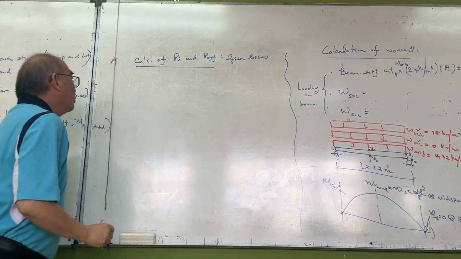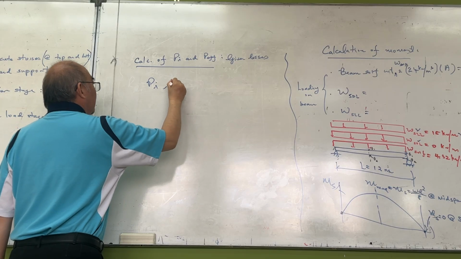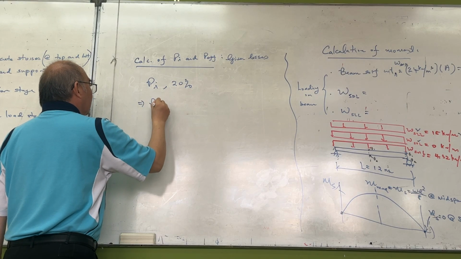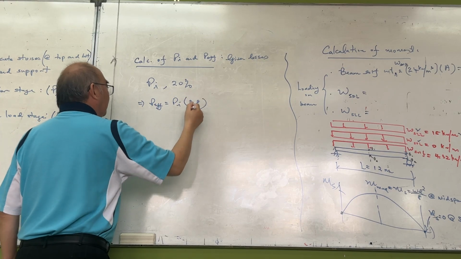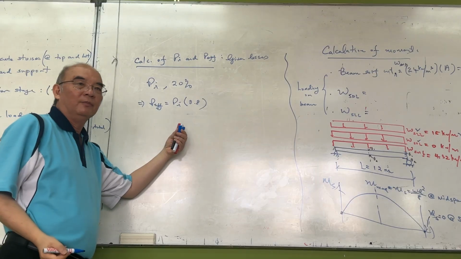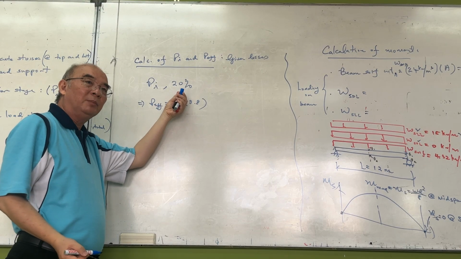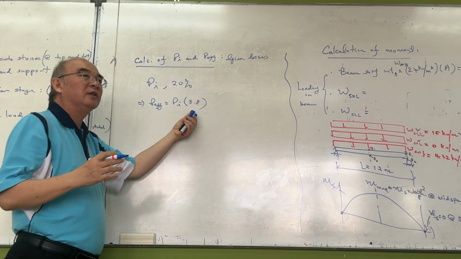So I can give you PI and, let's say, 20% losses. That means the P effective will be equal to PI multiplied by 0.8. That means only 80% is left: initial, and then you have 20% losses, so whatever is left is just 80%.